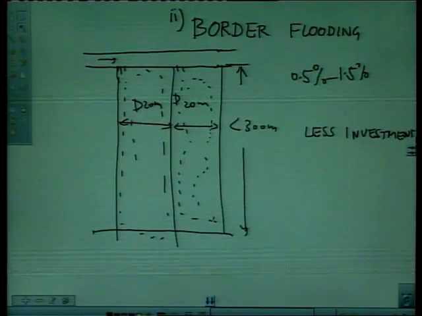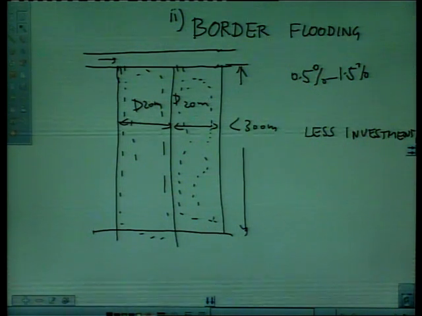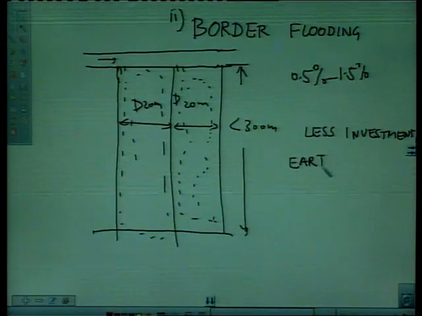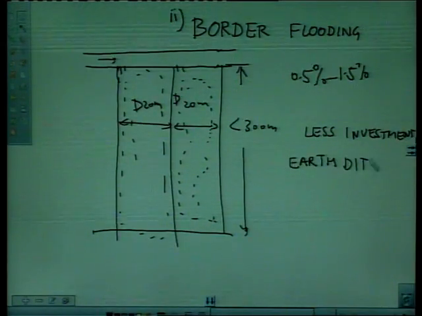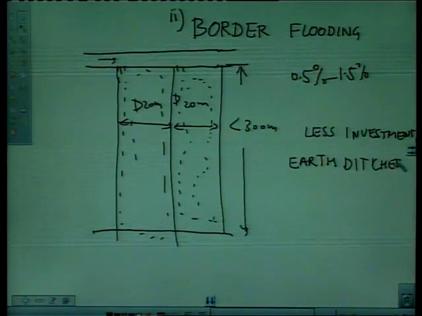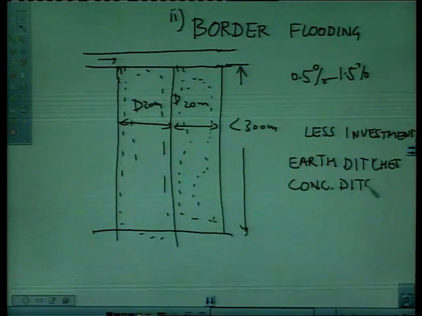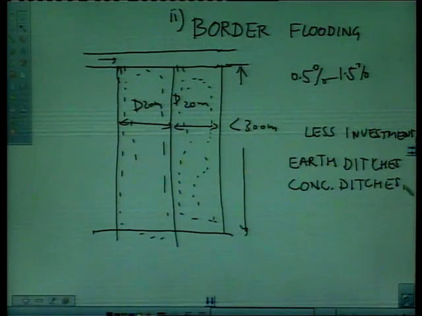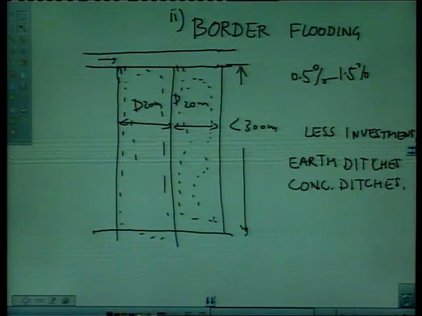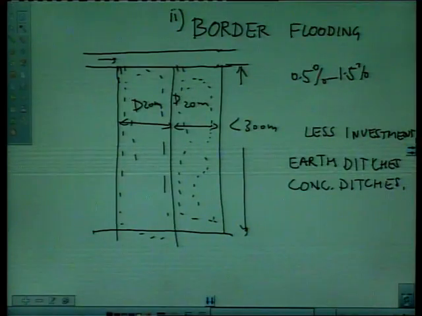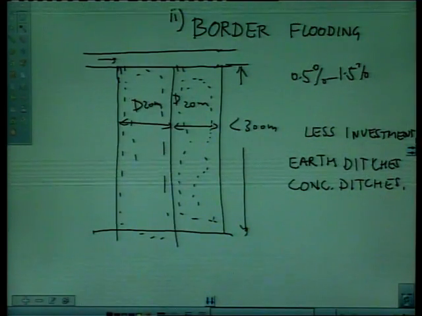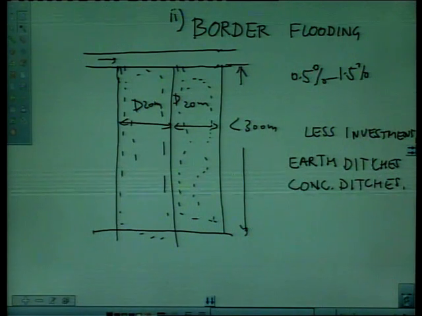Border strip, earth or concrete ditches. So, we can have earth ditches, or we can have concrete ditches also. You can adopt any one, whether you want earth ditches or concrete ditches. Underground concrete pipe with raised openings can be used in this one.